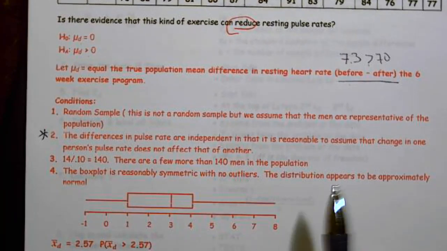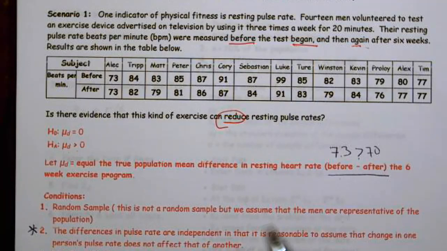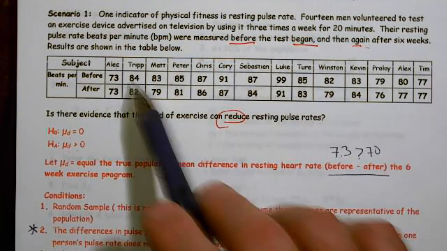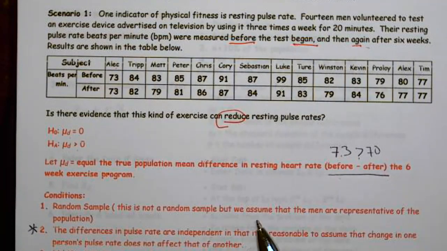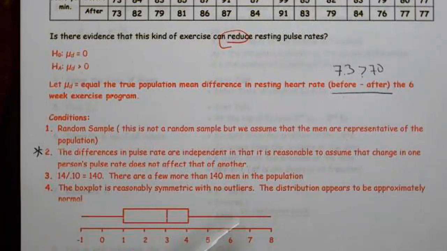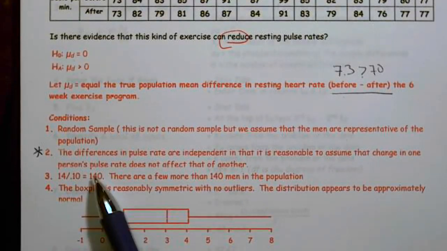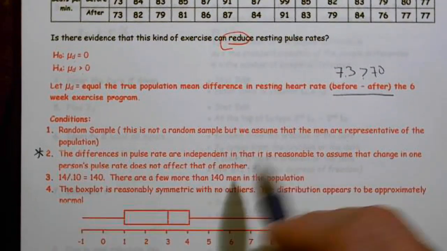Now, in this case, what was my sample size? Well, I have 14 men, and sure enough, I count across. Now I see I have 28 measurements, but that's because the 14 men were measured twice. So I can either do 14 divided by 10 or 14 times 10. And there are more than 140 men in the population.